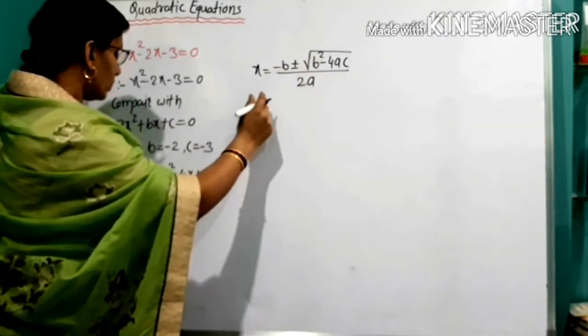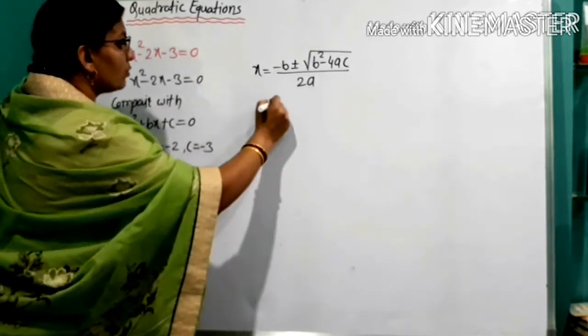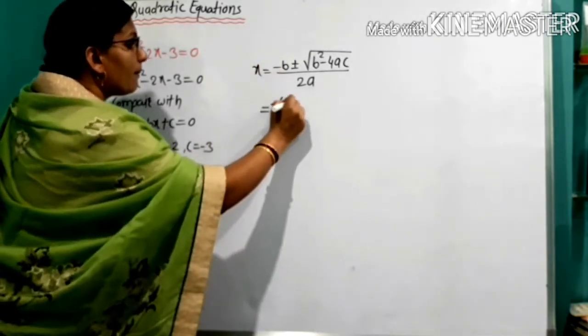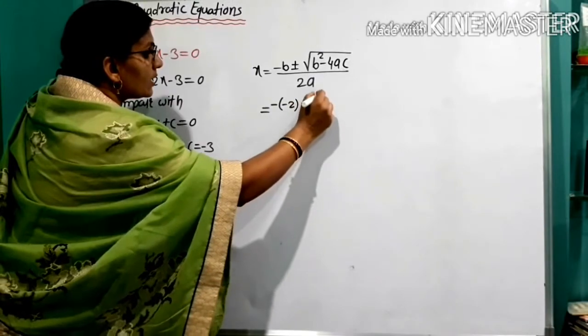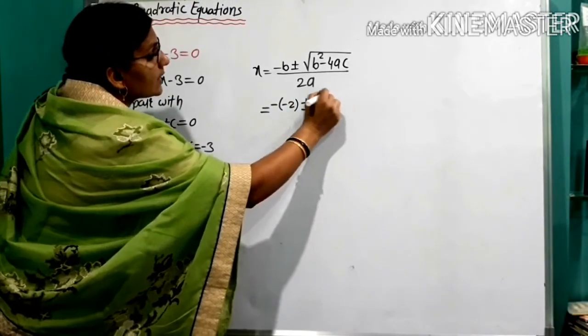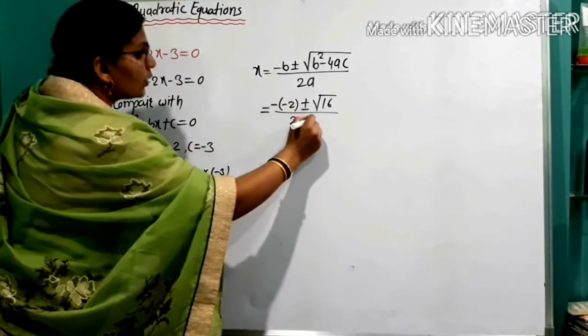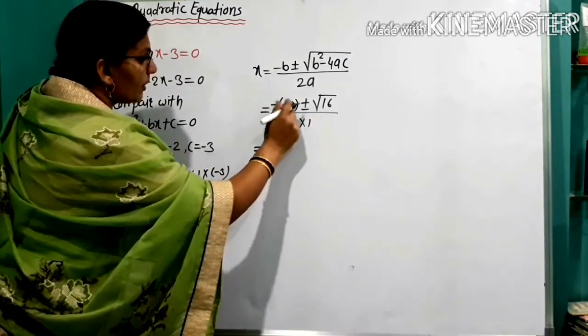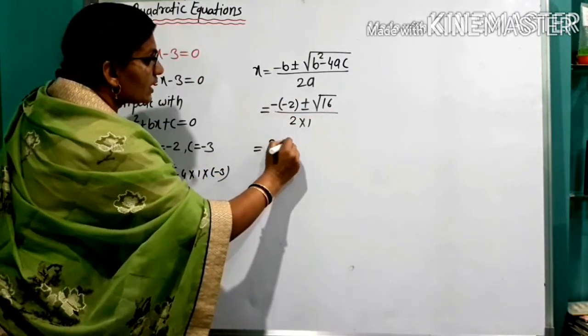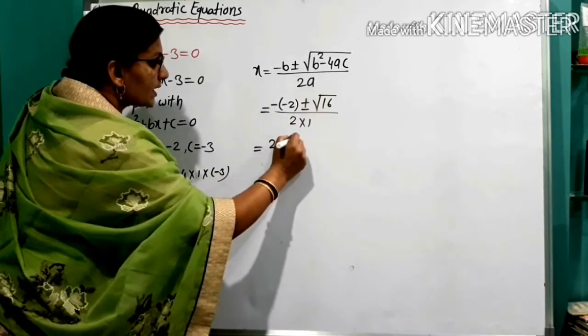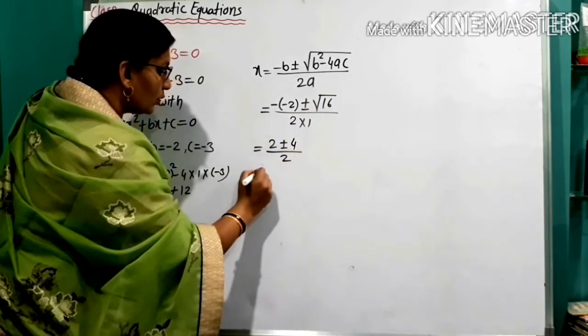Put all the values. Value of b is minus 2, so minus b is 2, plus or minus root 16 upon 2 into a, value of a is 1. Therefore it is 2 plus or minus square root of 16, which is 4, divided by 2.